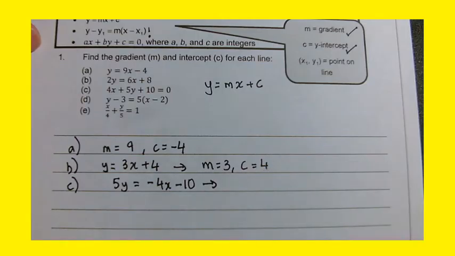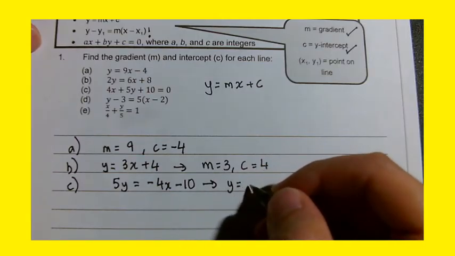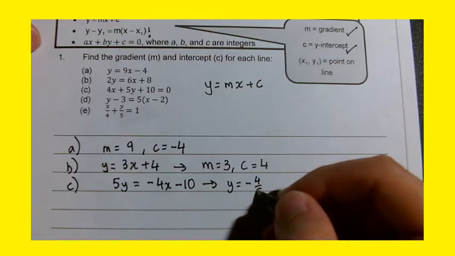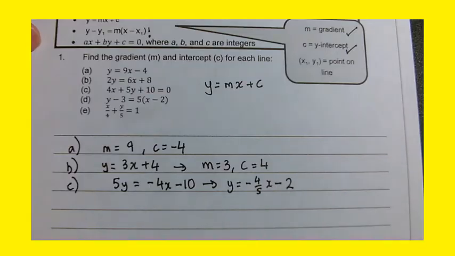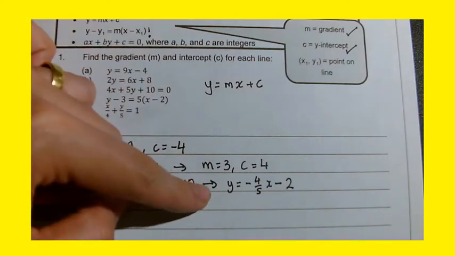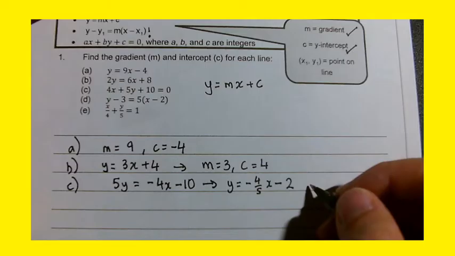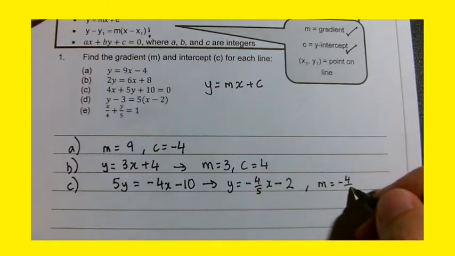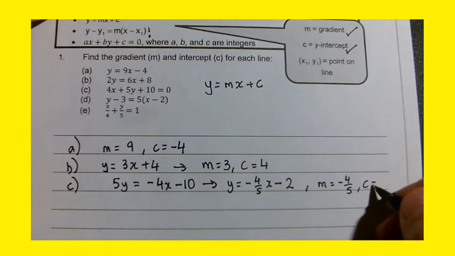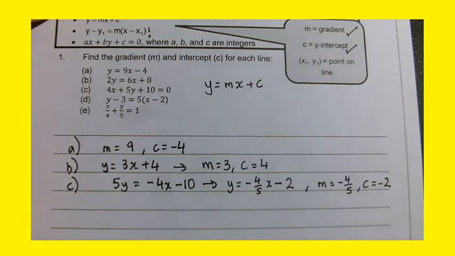Then I'm going to divide through by 5. And I get to that stage. So 4x plus 5y plus 10 is the same as that equation. And that means m is equal to minus 4/5 and c is equal to minus 2.